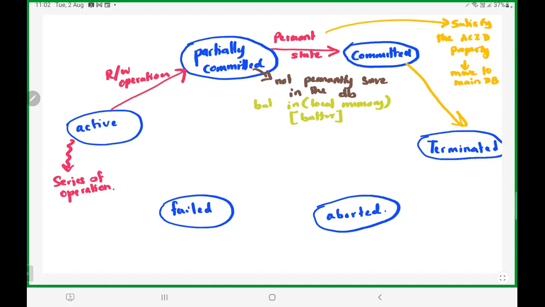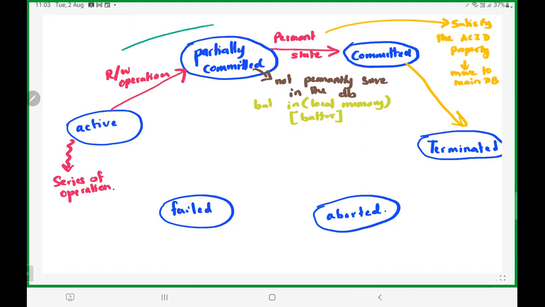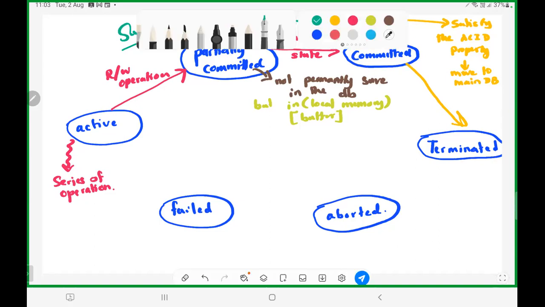Right? So this is the successful path. This path is successful.